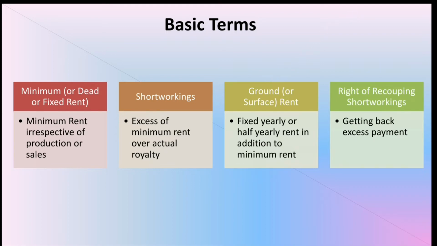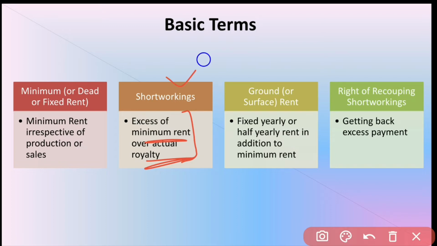Then is the right of recouping the short workings. You've understood the short workings, that is the excess of minimum rent over the actual royalty. So in the upcoming years, if in the initial years the lessee does not earn enough profits, he will have short workings. There can be a clause set by the lessor.